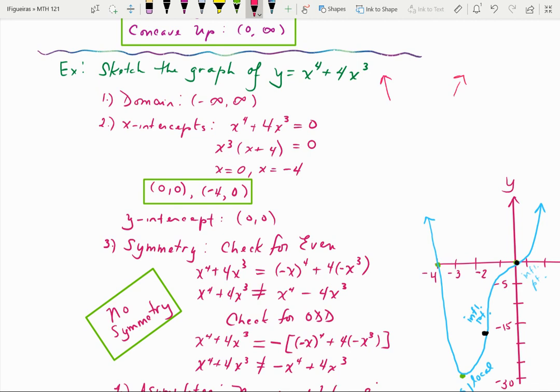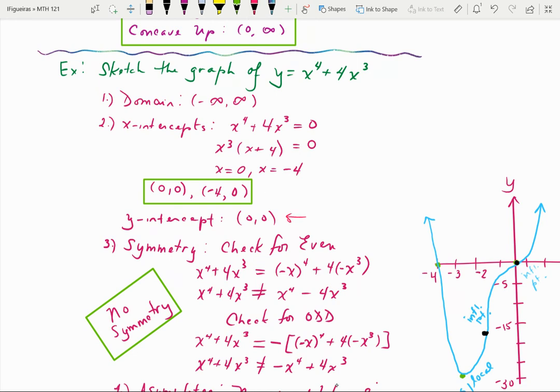And in between, I'll be doing other things, but that's just something that's discussed in previous courses. So your domain, again, because it's a polynomial, is all real numbers. X-intercept, set the function equal to 0, factor, you get 2 x-intercepts at the origin and at negative 4, 0. Y-intercept is also at the origin.